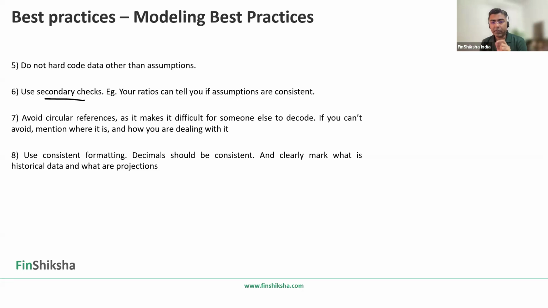Avoid circular references. Now, what are circular references? You say that depreciation is a percentage of assets, and assets depend on the depreciation, because that is the maintenance capex. So you're saying gross fixed assets is, let's say, 100,000 and depreciation is, let's say, 5,000. You're saying 5,000 is depreciation, so I have to do maintenance capex this year, and that will add to the gross fixed assets.